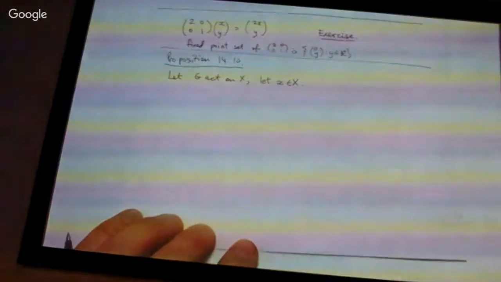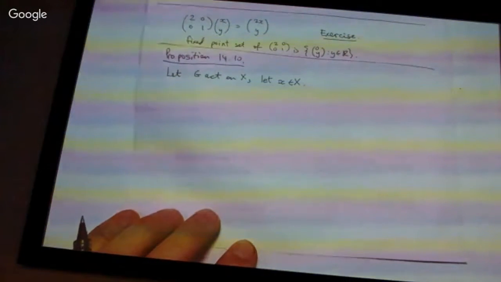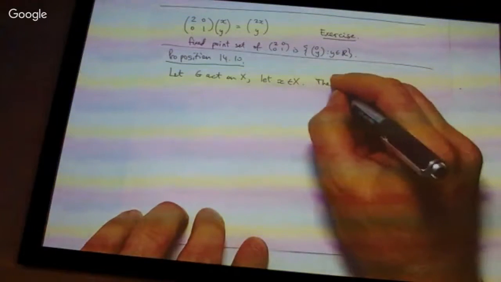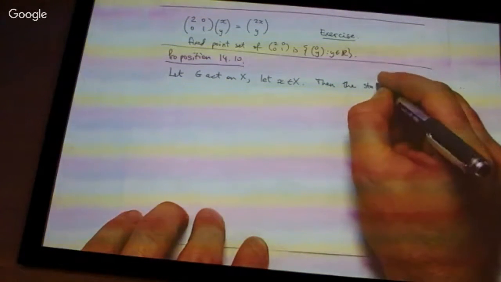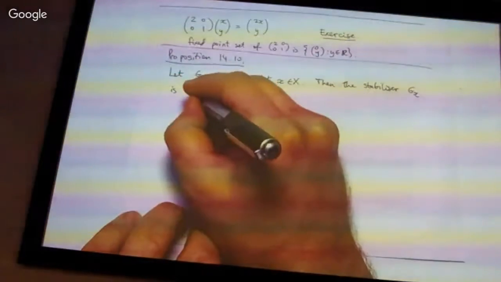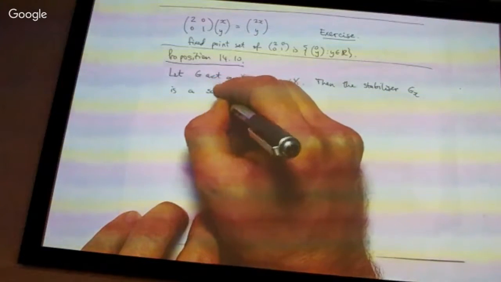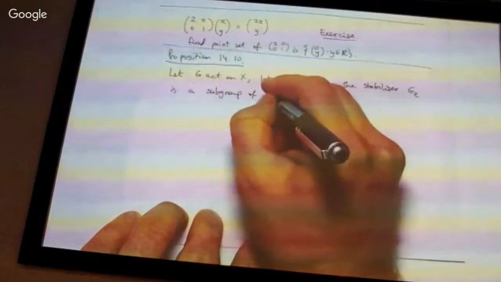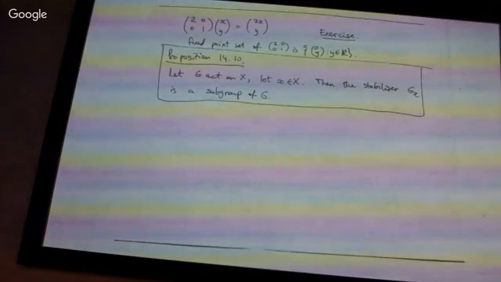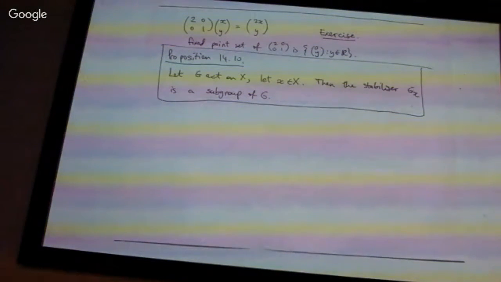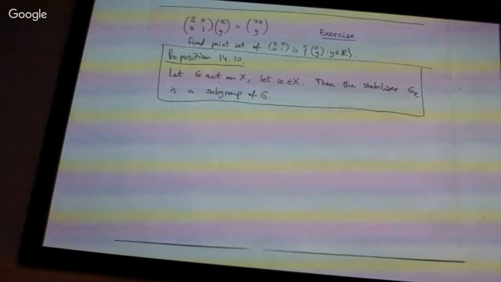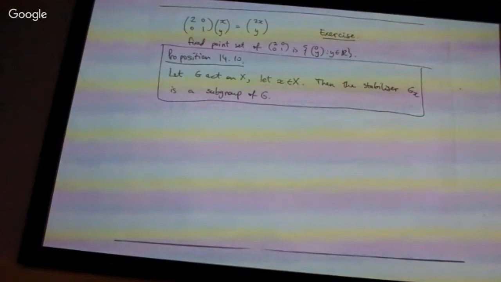The proposition says that when I pick a point x and I look at its stabilizer, it is always a subgroup of the group G. So in all those cases we looked at, we had a subgroup, which you can go back and check.